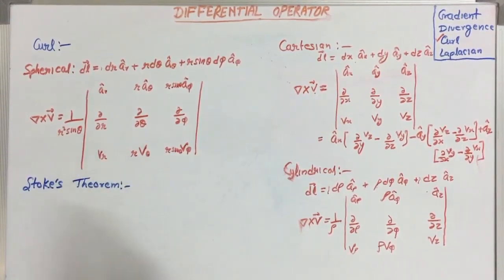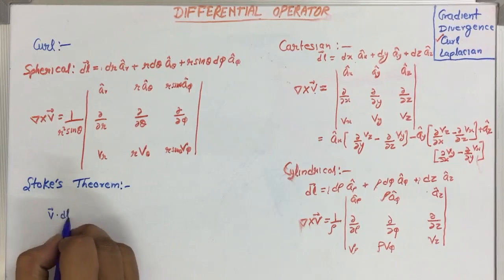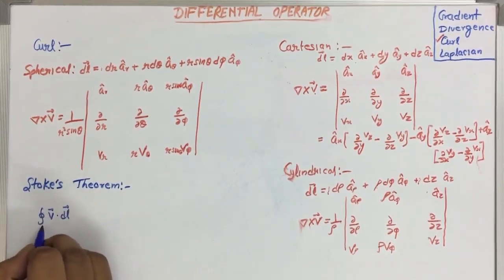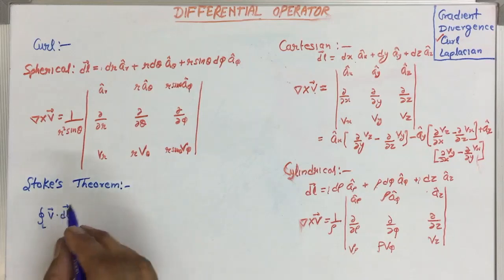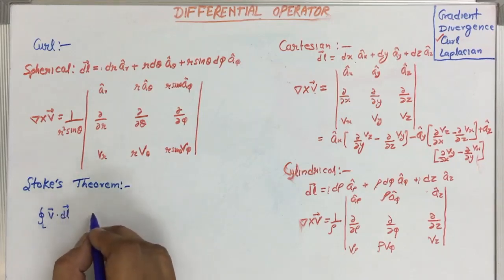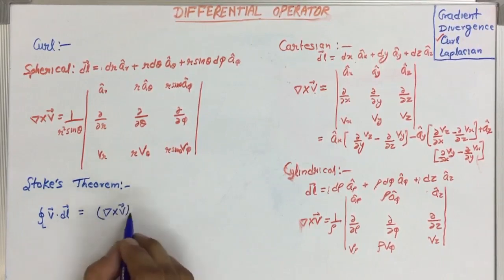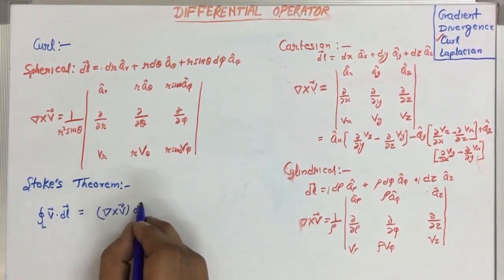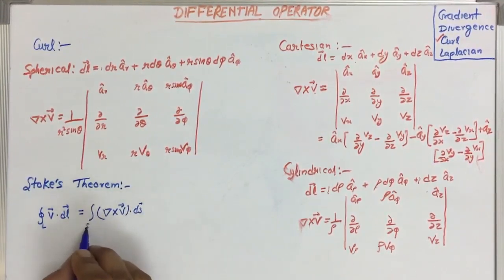It states that the circulation of any field in a closed path is equal to the surface integral of the curl of the vector.